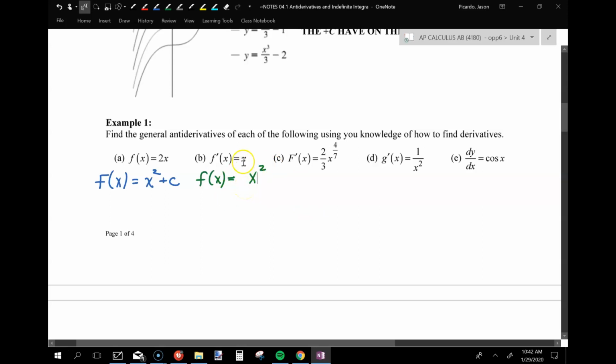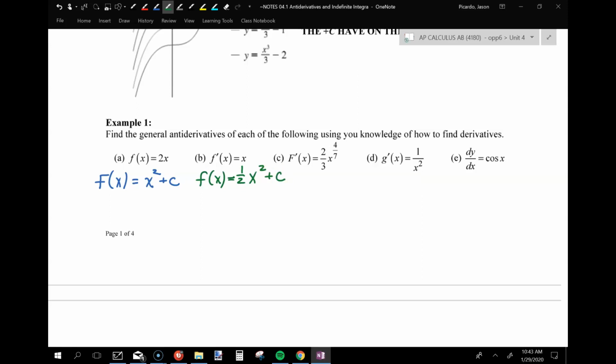But I didn't want 2x, I wanted 1x. So what do I have to do to 2x to make it 1x? Divide it by 2 or put a 1 half in front. What else do I have to do? Plus c. All right, and we get to f prime of x. Now it's a capital F, right? Well, the antiderivative of that would be getting rid of the prime symbol.